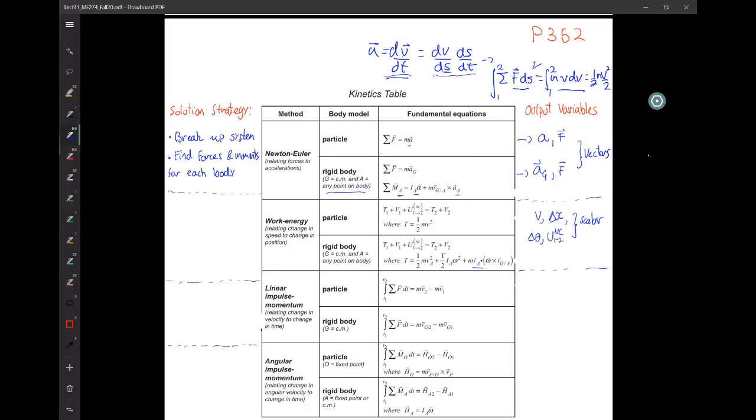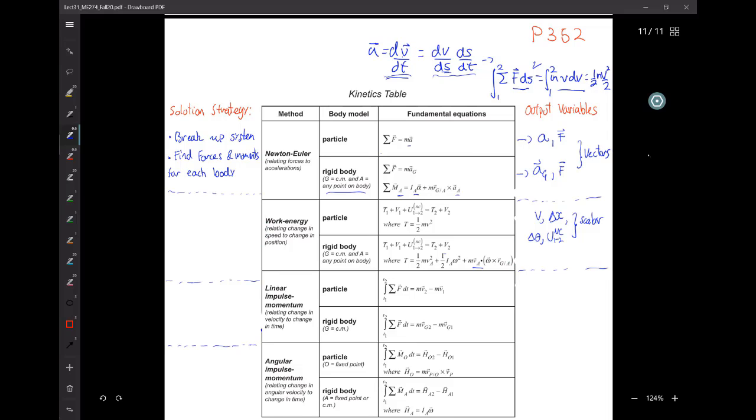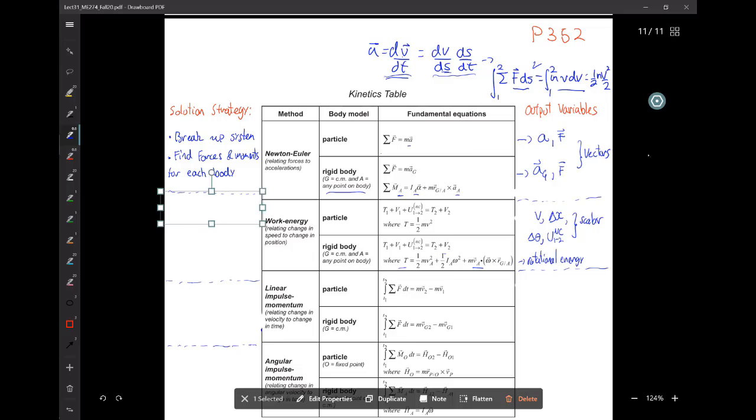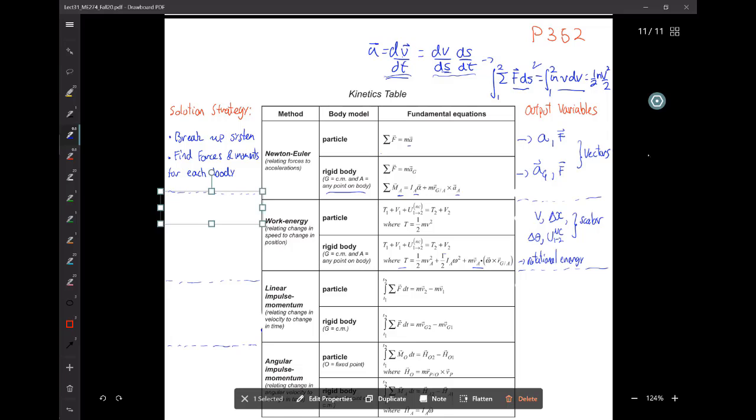That's why I make a scalar out of Newton's second law. We have rotational energy, so we need to remember that when we have a rigid body.